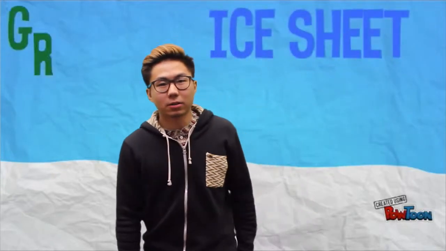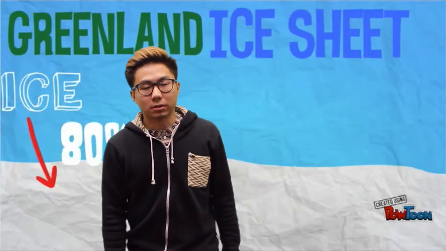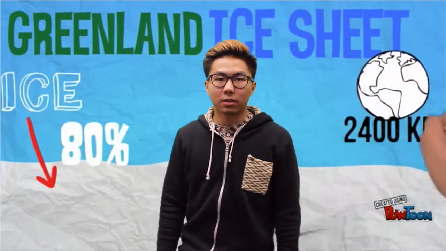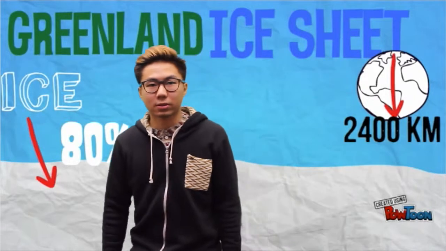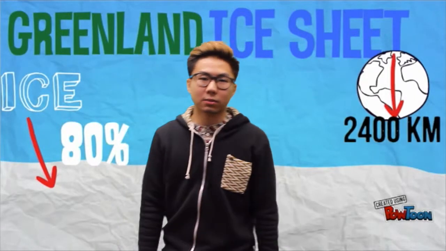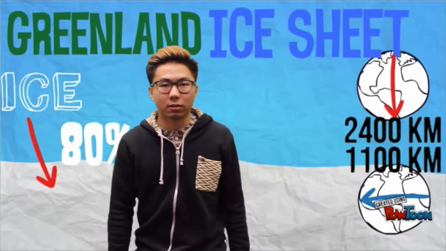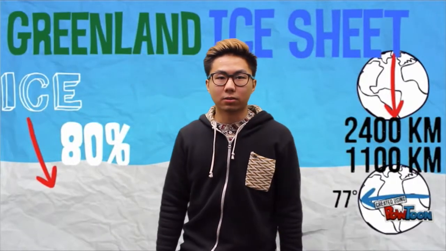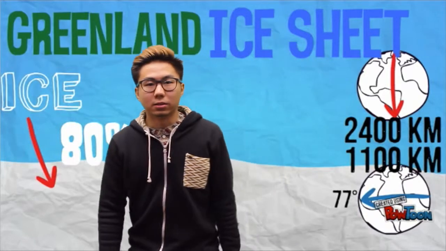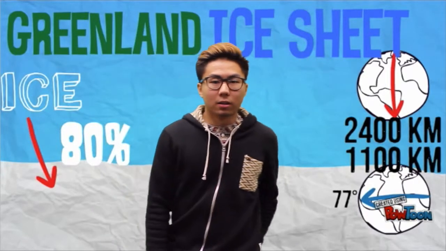Next, I want to talk about the Greenland ice sheet. The Greenland ice sheet is a vast body of ice covering roughly 80% of the surface of Greenland. The ice sheet is about 2,000 kilometers long in a north-to-south direction and its greatest width is about 1,000 kilometers at a latitude of 77 degrees north, near the northern margin.